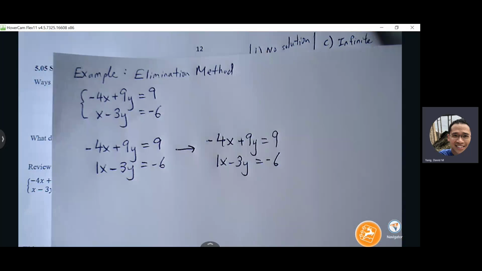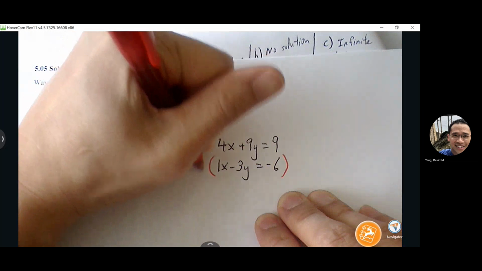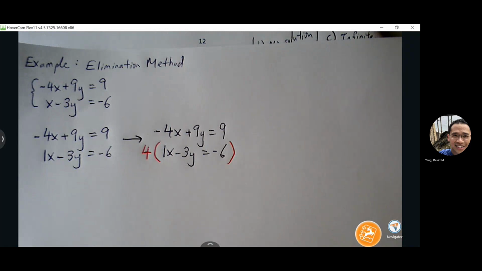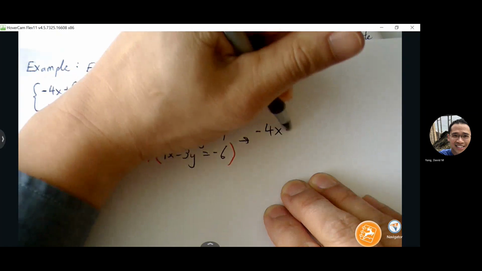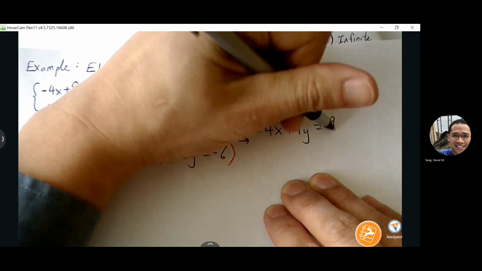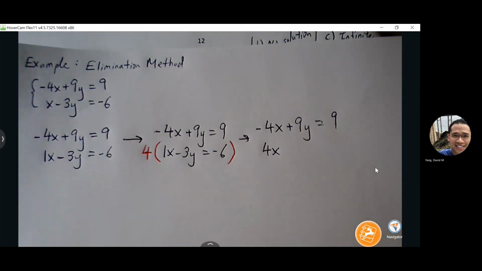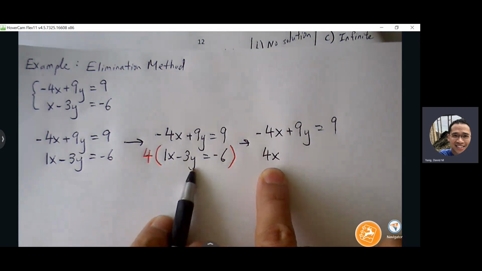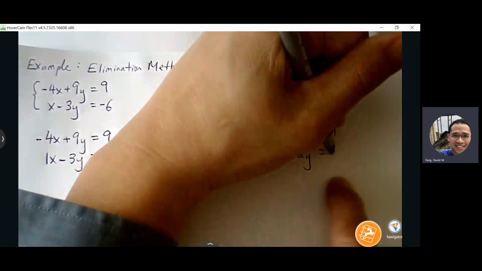But I'm going to take the second equation and multiply by 4, distribute the 4 through. So 4 times 1x is 4x. 4 times -3y is -12y. 4 times -6 is -24.